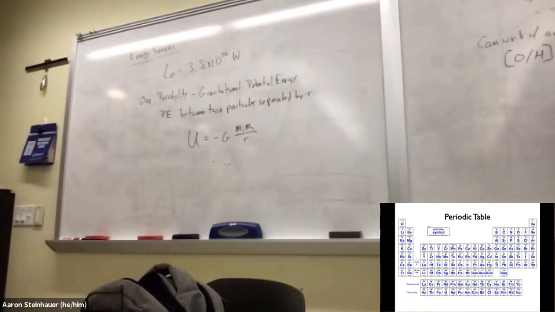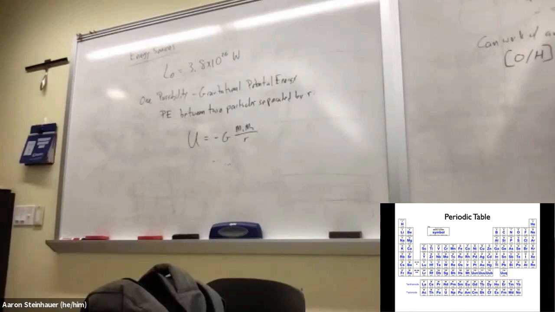Why the negative sign? Do you remember? This is a well you have to overcome. Basically, we define zero energy to be having these two infinitely far apart. And the gravitational potential energy decreases as you bring them closer, and it increases as you take them further apart.